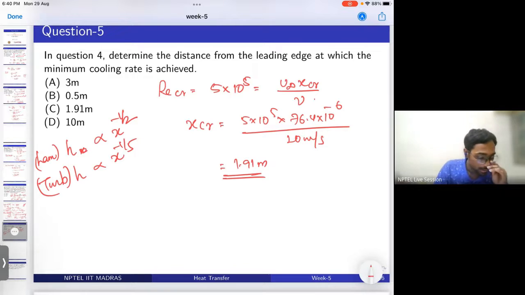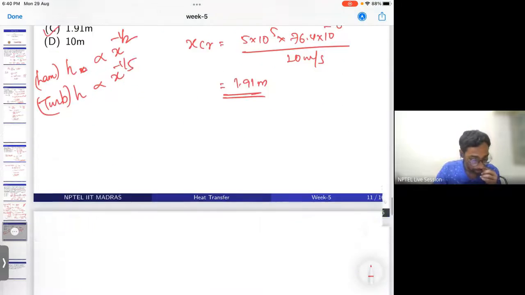So the distance from the leading edge at which the minimum cooling rate is achieved is the point where the laminar to turbulent transition happens, and it is where the Reynolds number is the critical Reynolds number, that is 5 into 10 to 5. So in this question, it is 1.91 meter. Okay.